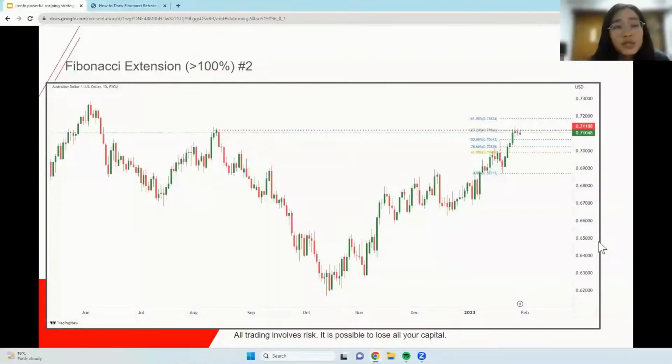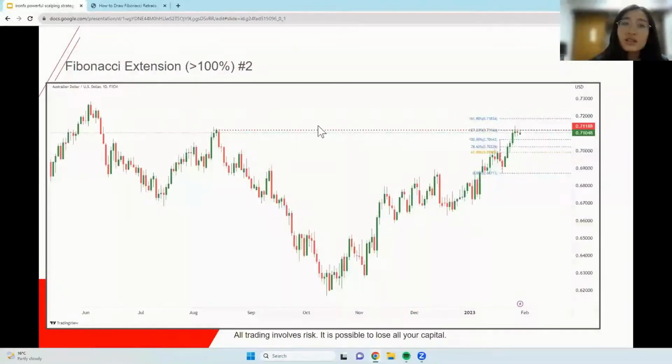So another example here of a Fibonacci extension. Here it's pretty small, we have a really small tick here. So you can see the hit from the 100% to the 0%. That's where I've drawn the trend line, and then I'm projecting where it goes.